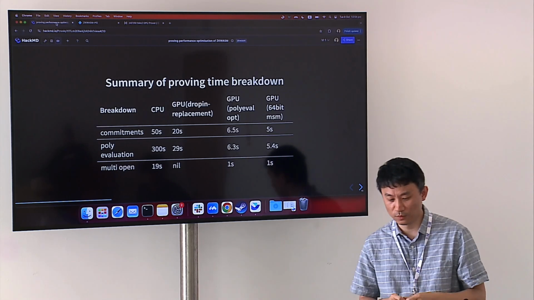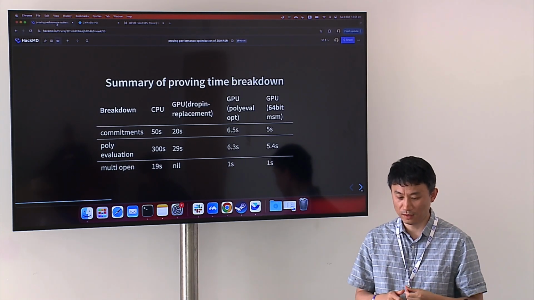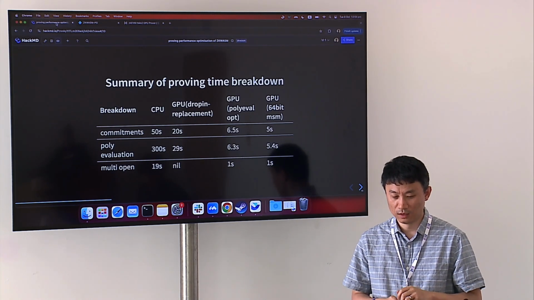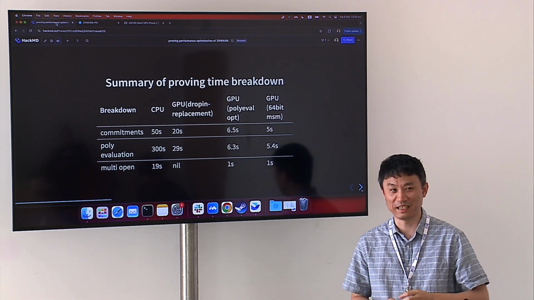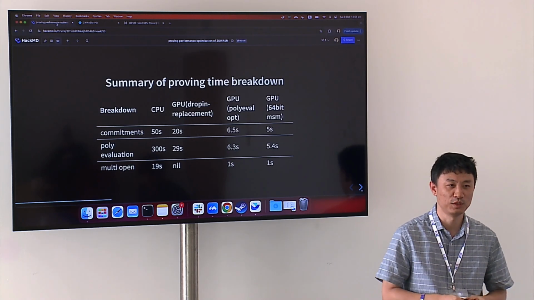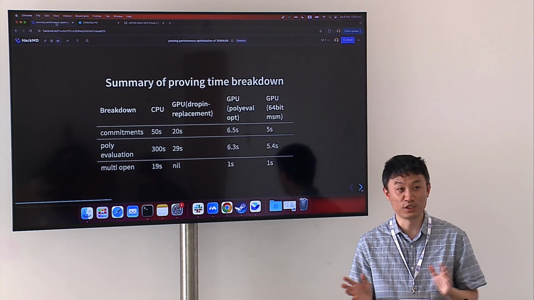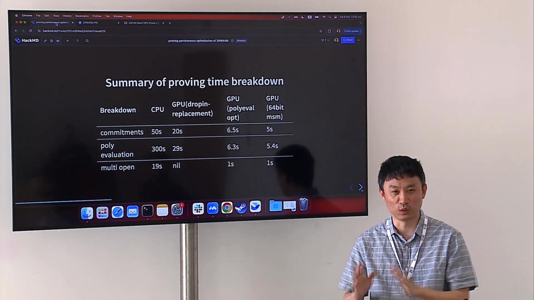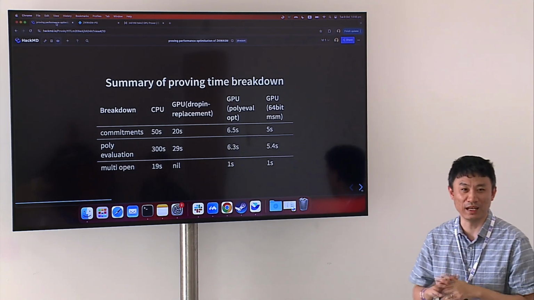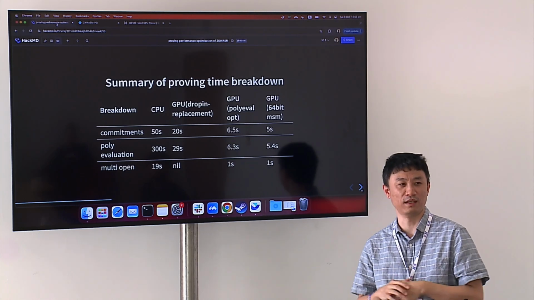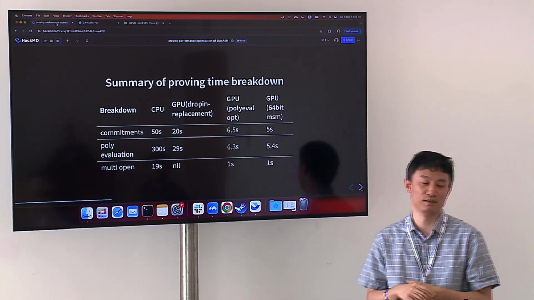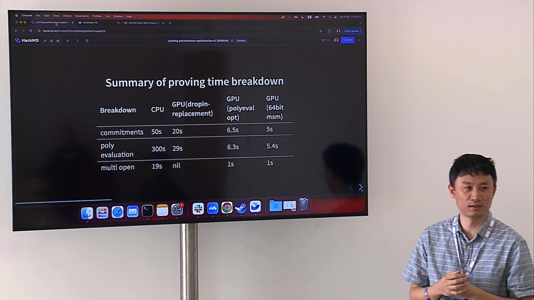So you're asking whether there will be further optimization on the recursion side. I hope so, because I think some other VMs can do recursion in GPU in 1 second. I totally admire how they achieve that. We have 3.5 seconds plus some synthesizer cost.